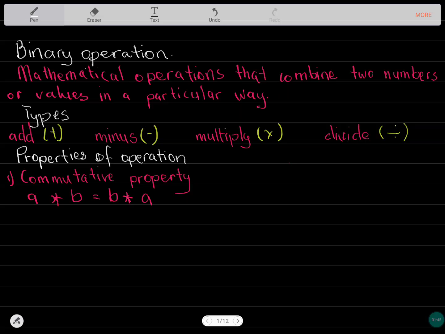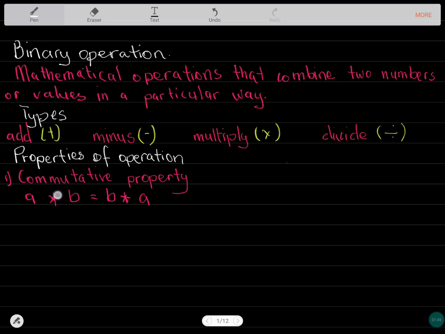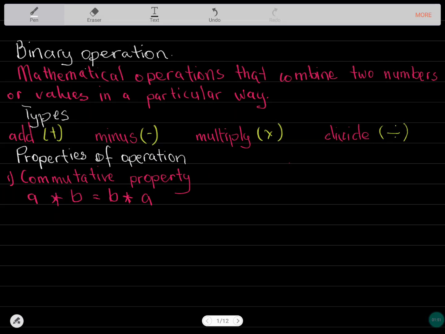So if A and B are numbers, and star here is an operation combining A and B, then we can say that star is commutative only if A star B is equal to B star A.